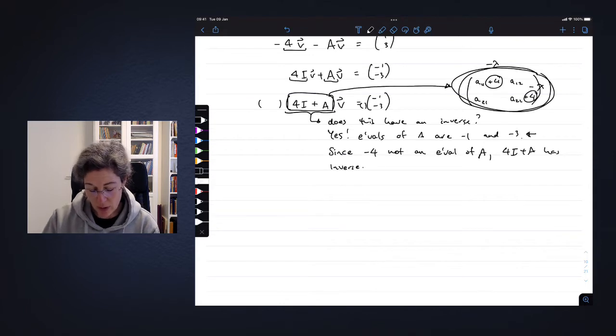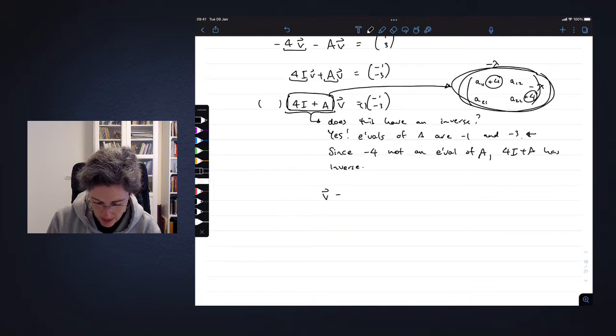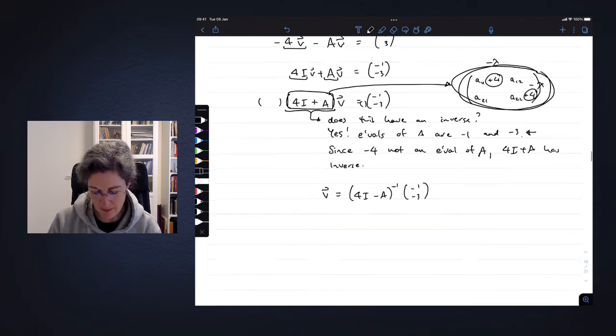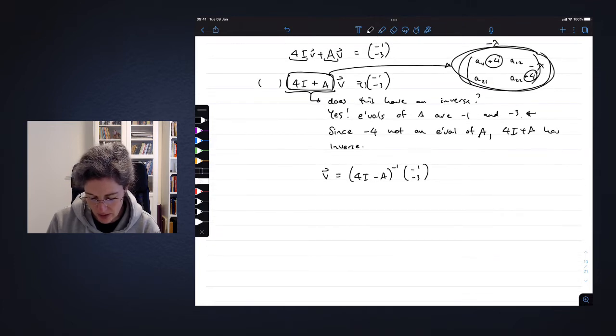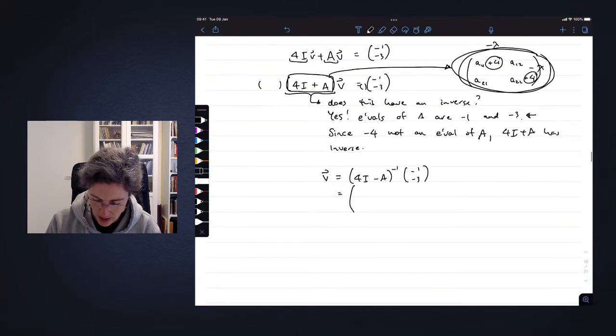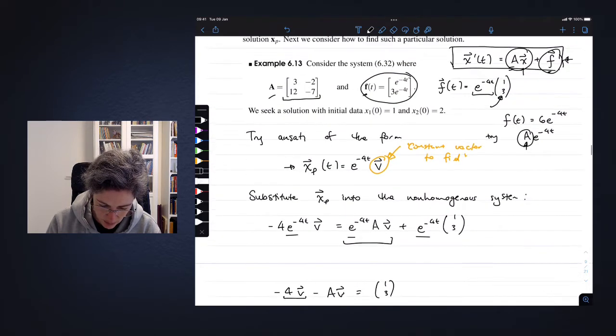So we multiply both sides of the equation on the left by the inverse, and what we end up with is our v is equal to our inverse times (minus 1, minus 3). And let's just write this out explicitly. What we've got is a11, so what have we got?